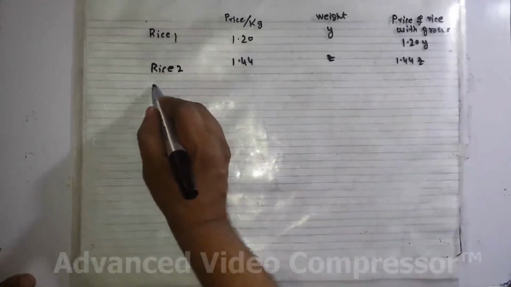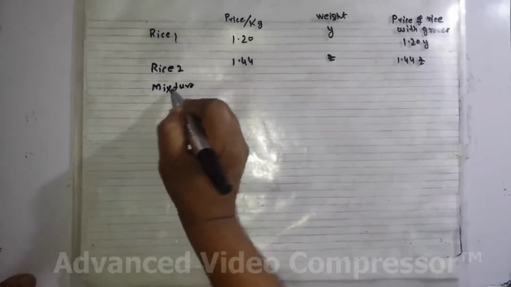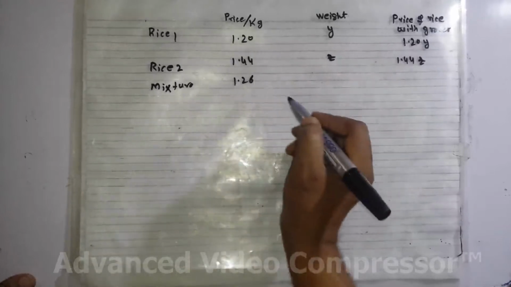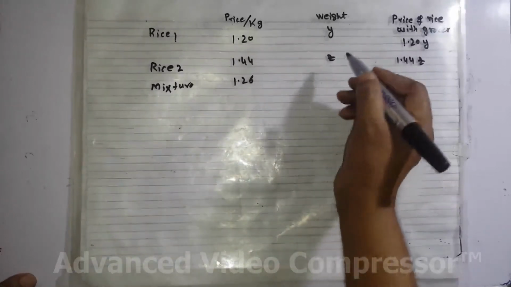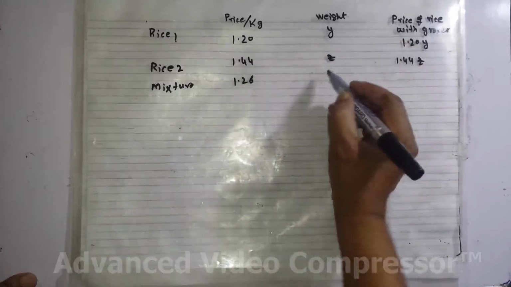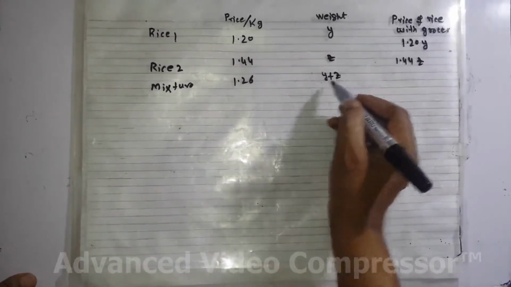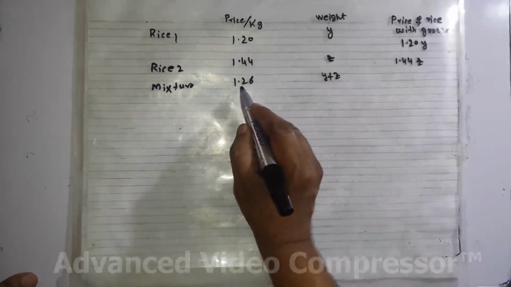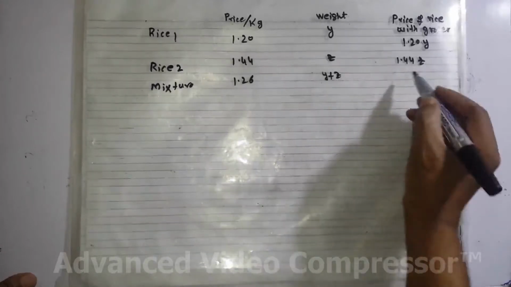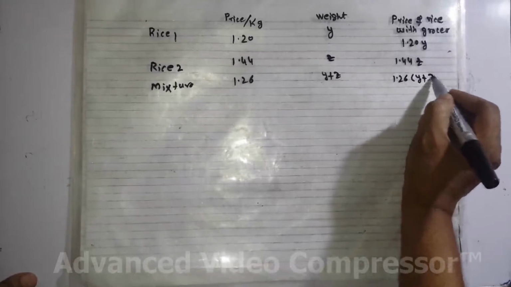Now comes the mixture's price per kg. He wants 1.26 rupees. Suppose he has the two types of rice in these weights, then the mixture will be y plus z kgs. So if he wants each kg of mixture at rupees 1.26, then the total price we can calculate again as 1.26(y plus z).